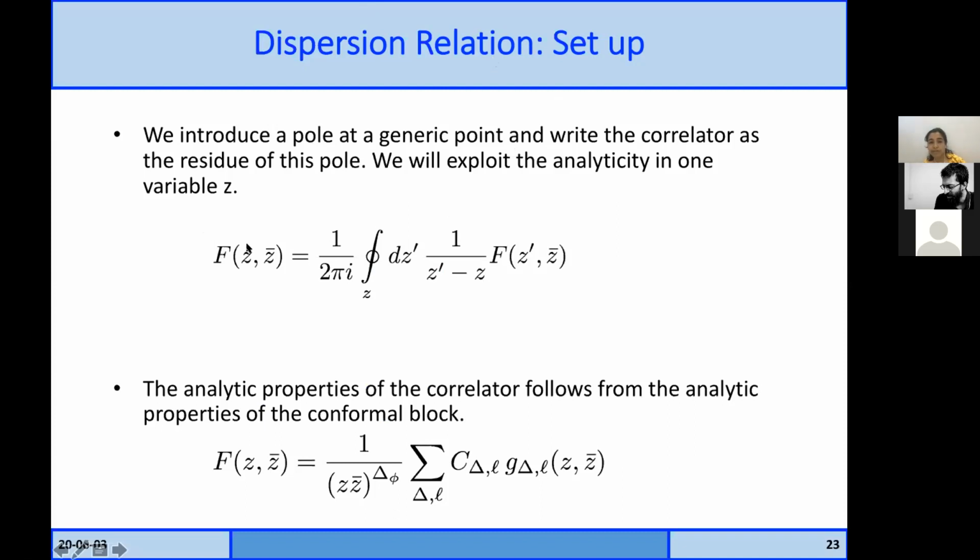So if F(Z, Z bar) is a correlator, we introduce a pole at a generic point Z and write it like this. So this is basically Cauchy's residue theorem, and we are exploiting the analyticity in only one variable Z. Z bar, we don't do anything, we keep it as it is. So this is a single variable stuff.